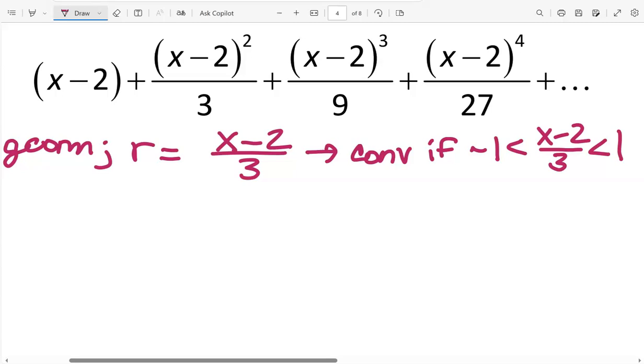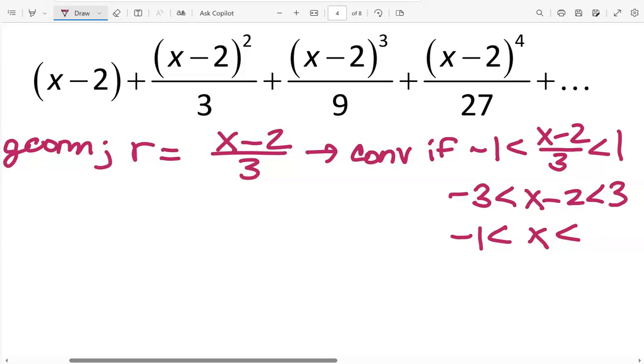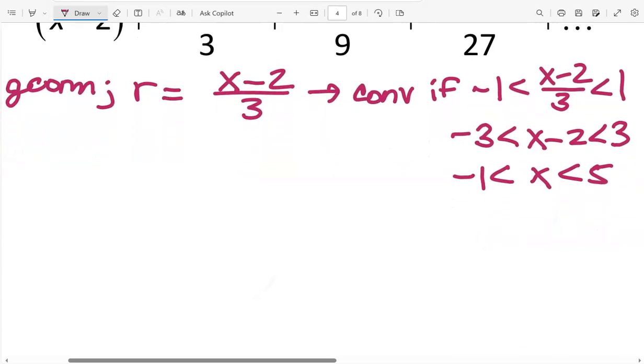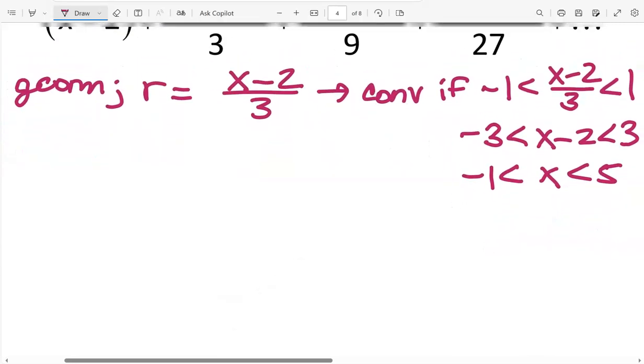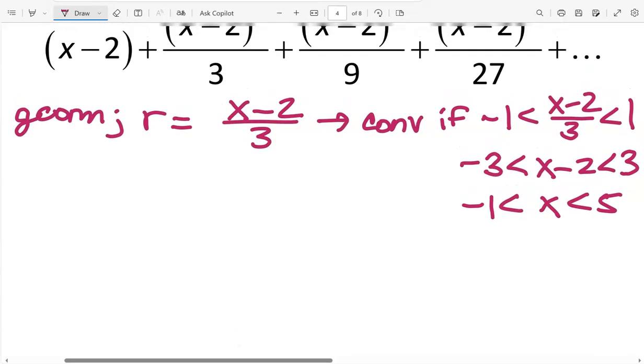I'm going to multiply both sides of this inequality by 3. That'll give us -3 is less than x minus 2 is less than 3. And now add 2, and we get -1 is less than x is less than 5. So that's going to be the interval for which we have a convergent series.